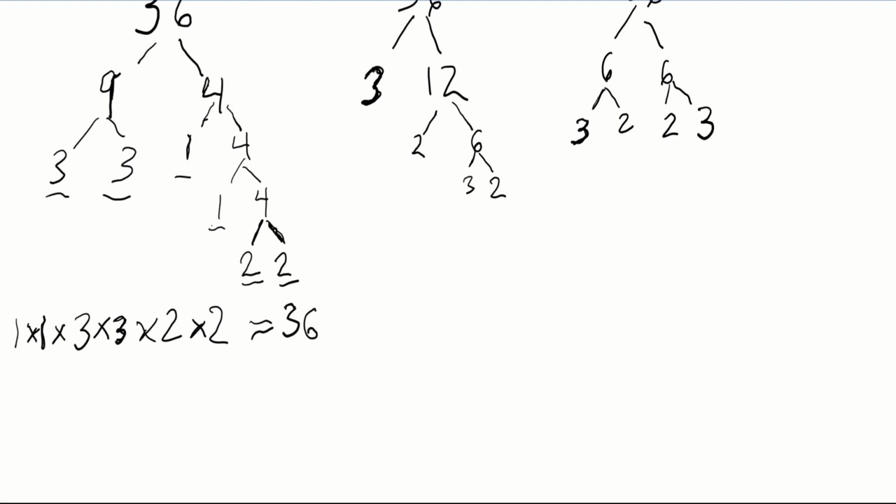Because 1 times 1 is 1, multiplied by 3 again, by 2 and by 2 again. So now I have 3 times 3 times 2 times 2.